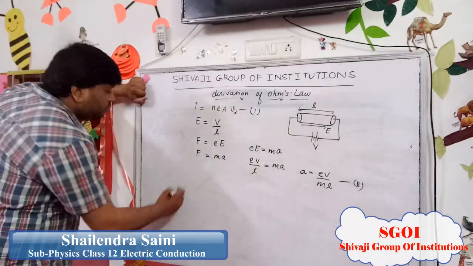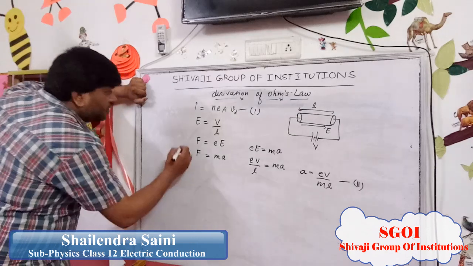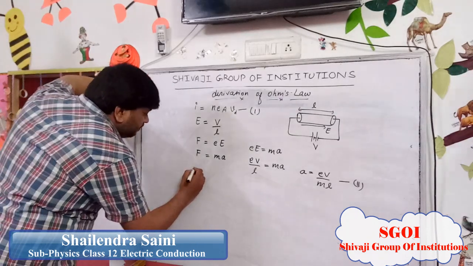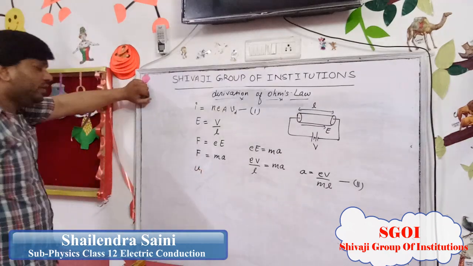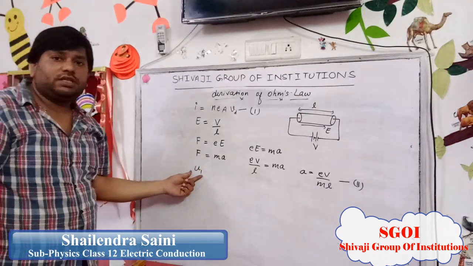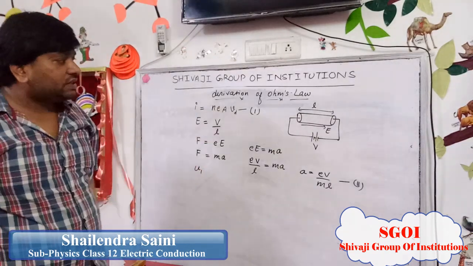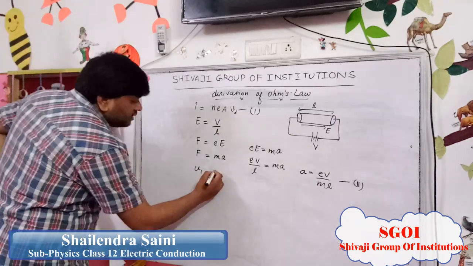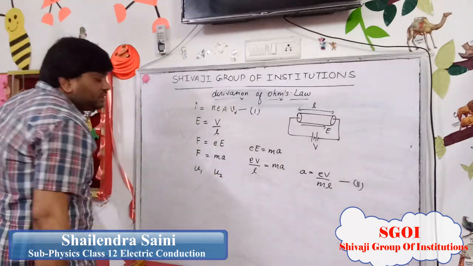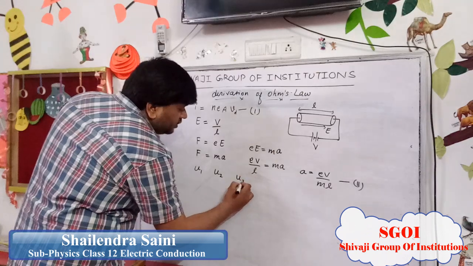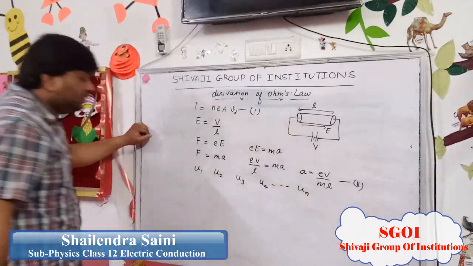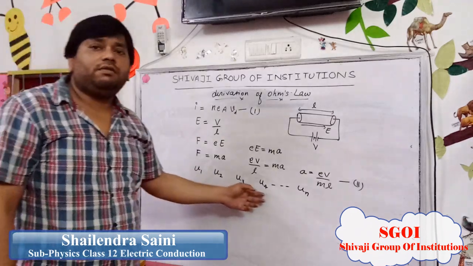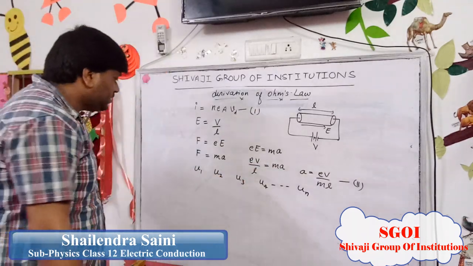So let's assume that there are n electrons per unit volume, and the initial velocity of the first electron is u1, representing the thermal velocity before applying the external electric field. The second electron has velocity u2, the third u3, then u4 and so on till un. These are all the thermal velocities of all the electrons.